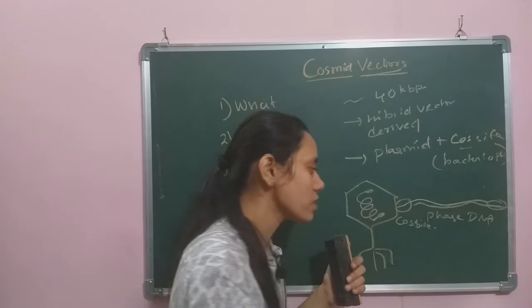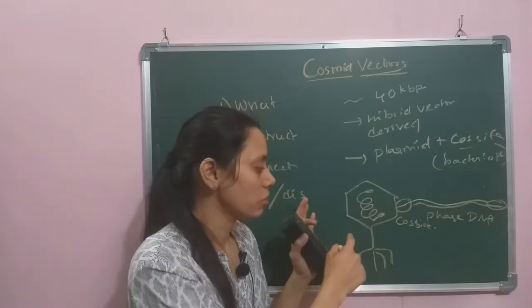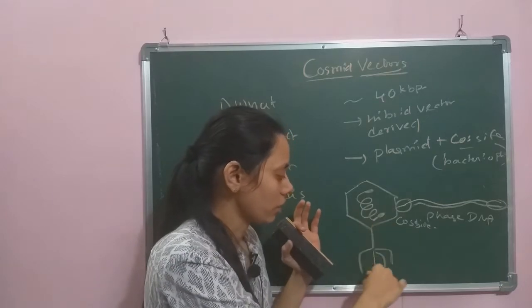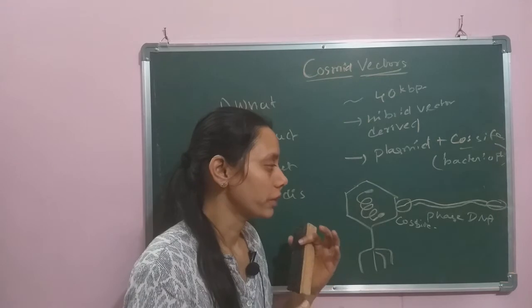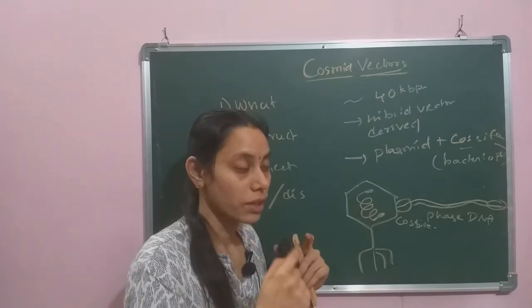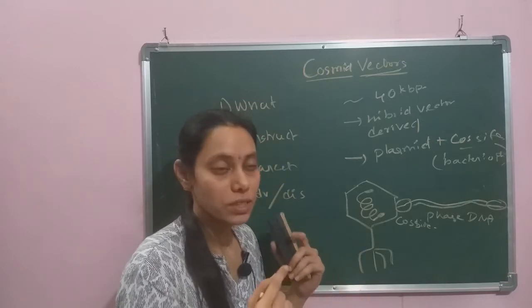These cos sites are responsible for the packaging of the phage DNA into the phage particle protein coat, and for the circularization of the linear phage DNA because of this complementary nature.